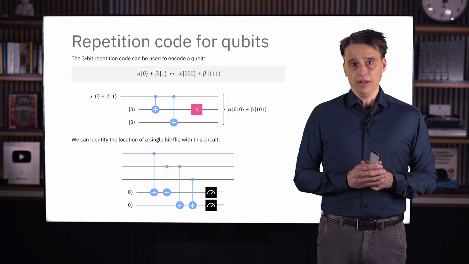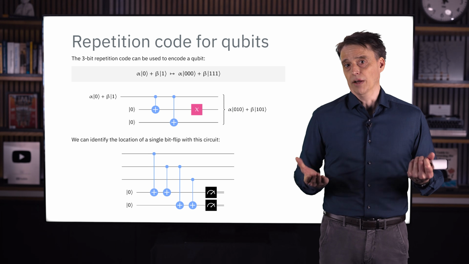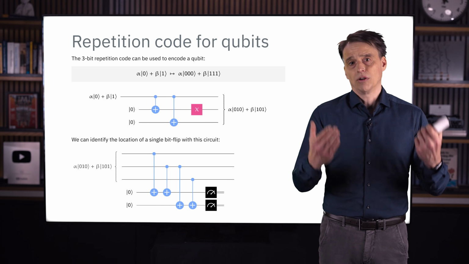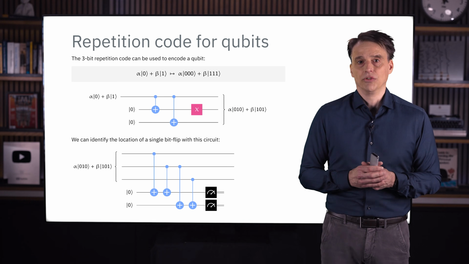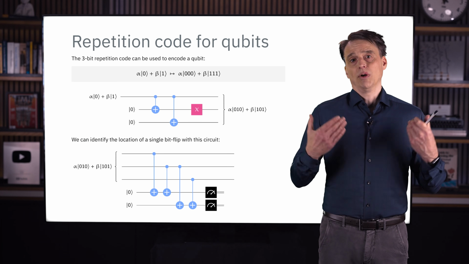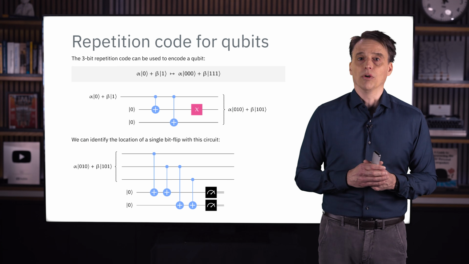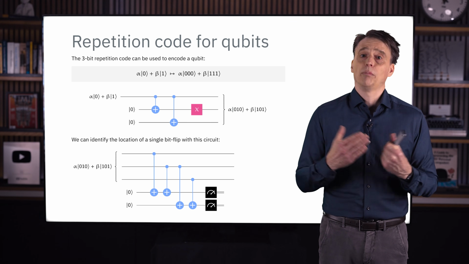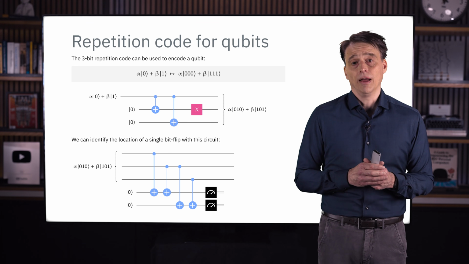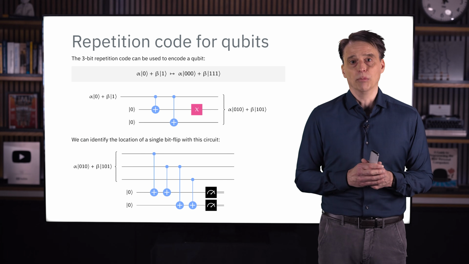What we can do instead is to use the quantum circuit shown here on the screen, where we feed the encoded state into the top 3 qubits. Basically, what this circuit does is to compute the parity of the standard basis states for the top 2 qubits as well as for the bottom 2 qubits of the encoding, and this will reveal the location of the bit flip.